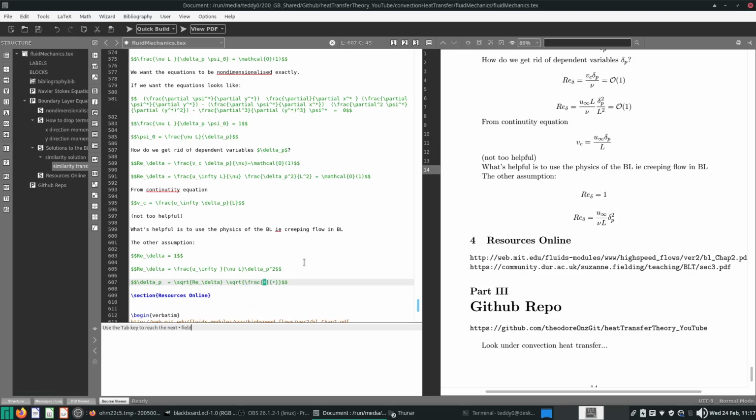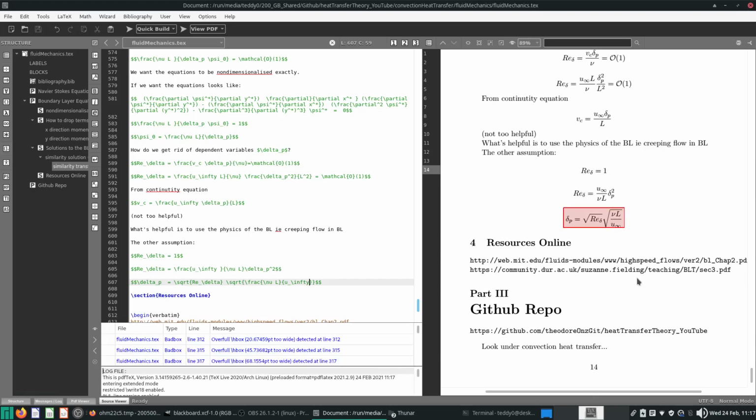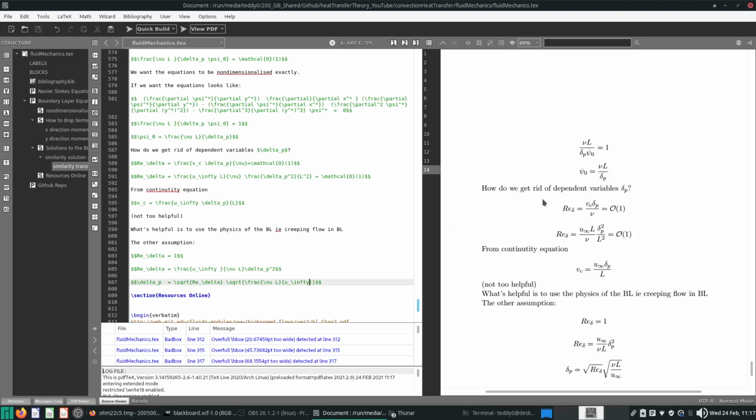So I have not done the Reynolds number equals 1 assumption yet. I'll just substitute in straight, and you can see what happens. Alright, so this is what the delta P will be like, and I can just chuck that in.